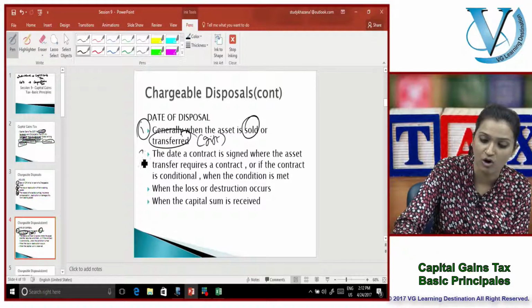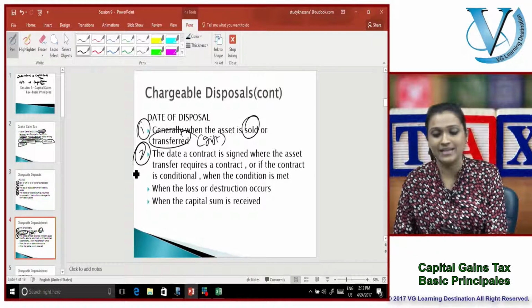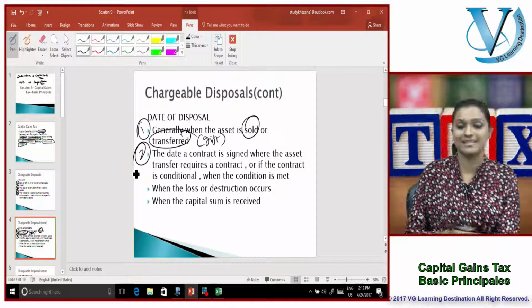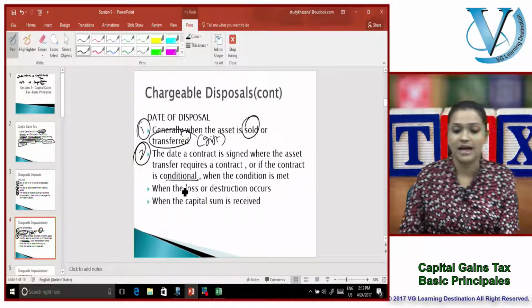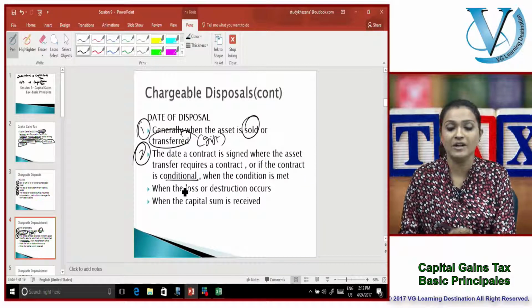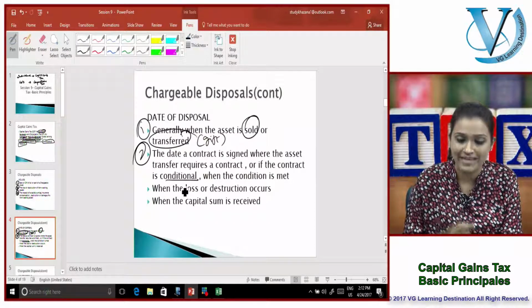So the date the contract is signed, where the asset transfer requires a contract, or if the contract is conditional, then when the condition is met is going to be considered the date of disposal of the asset.